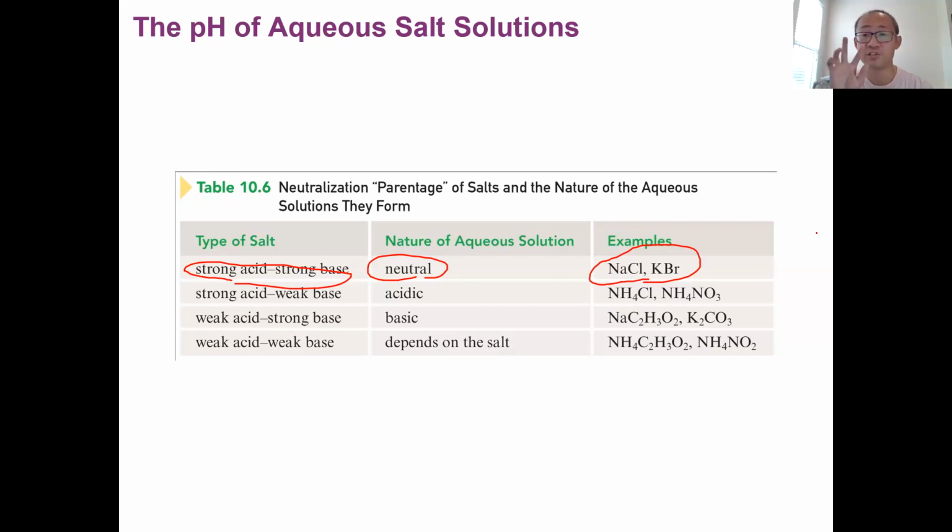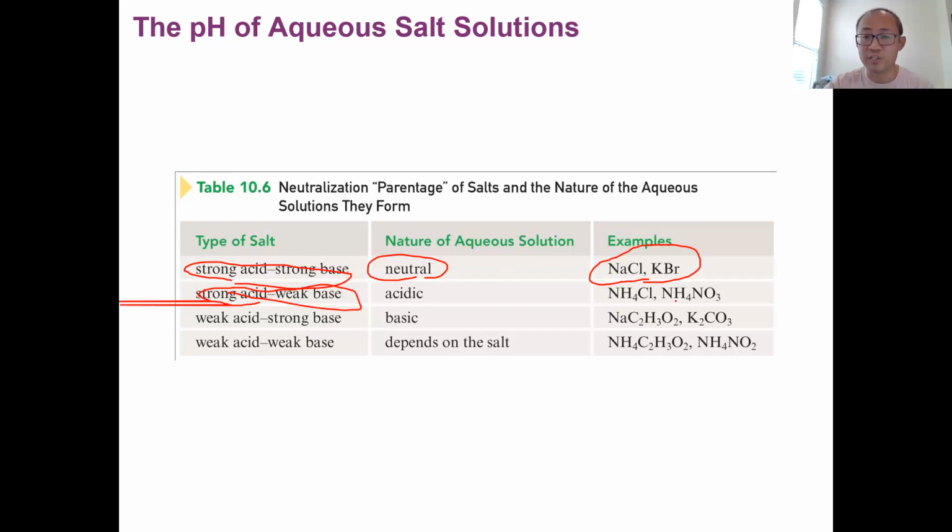So both parents are strong, the salt is neutral. Now, if you have a salt that came from a strong acid but a weak base, if that's the case, then the solution of the salt will be acidic, okay, because you can see the parent acid is stronger, so the solution will be acidic.